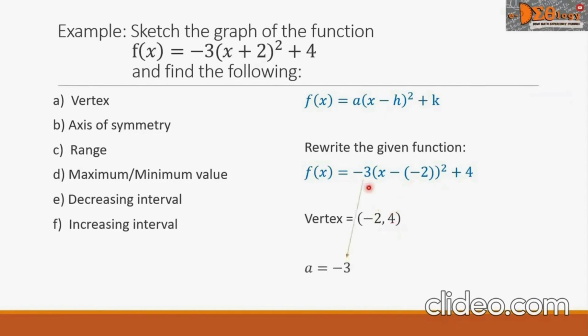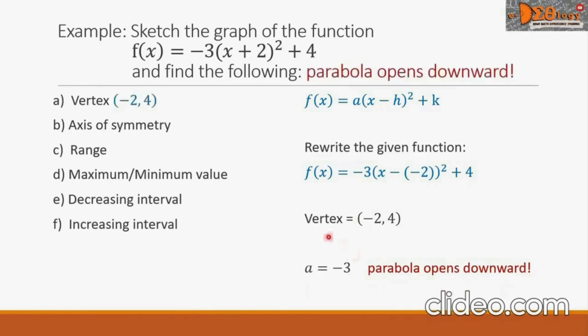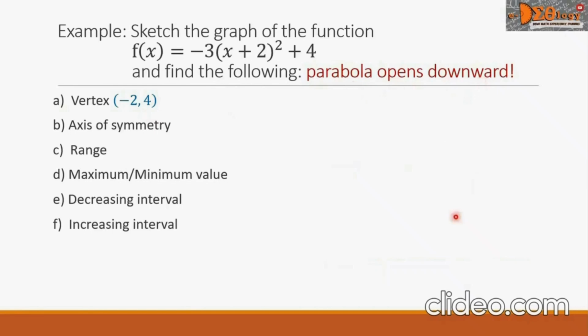And then this -3 is the a. And since our a here is negative, it means the parabola opens downward. So let us copy the vertex opposite this letter A, and we will take note that the parabola opens downward here. Then let us clear the right side of the screen.